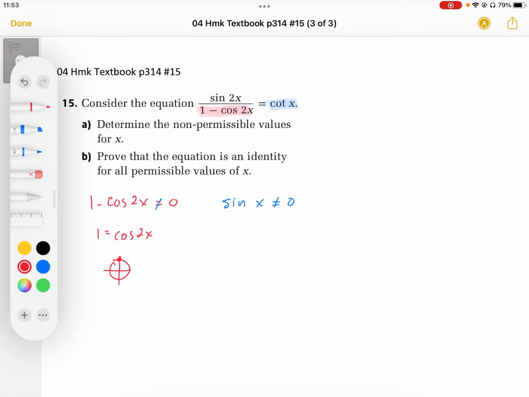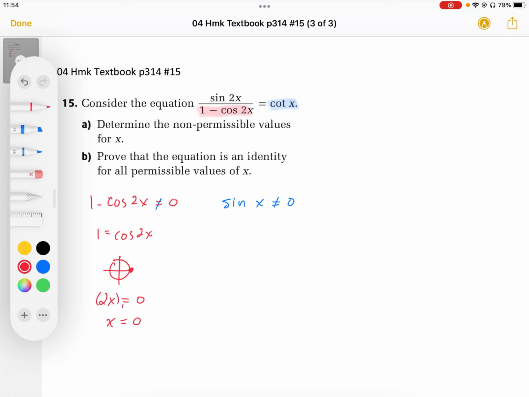Cosine is equal to 1 only at 0. So we know that 2x is equal to 0, so x is equal to 0. This is going to have repetitions, so maybe I should write this down.